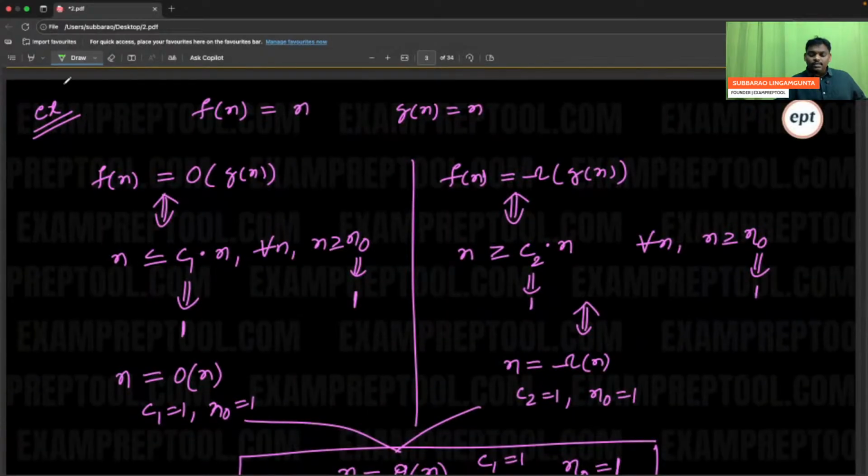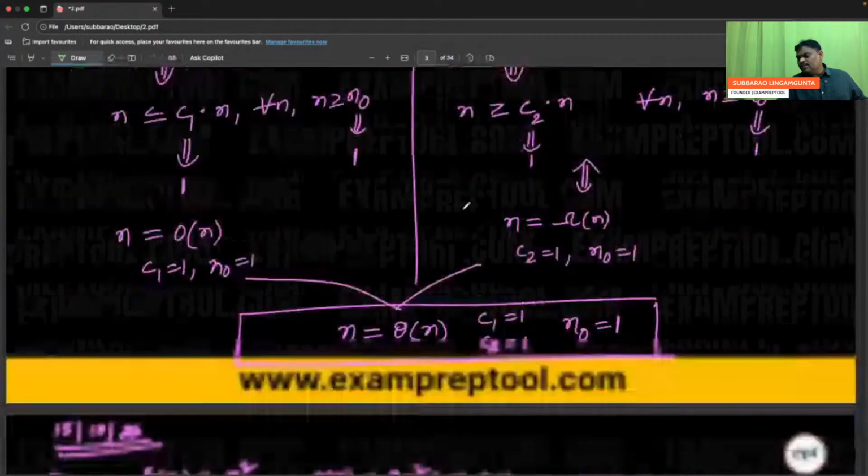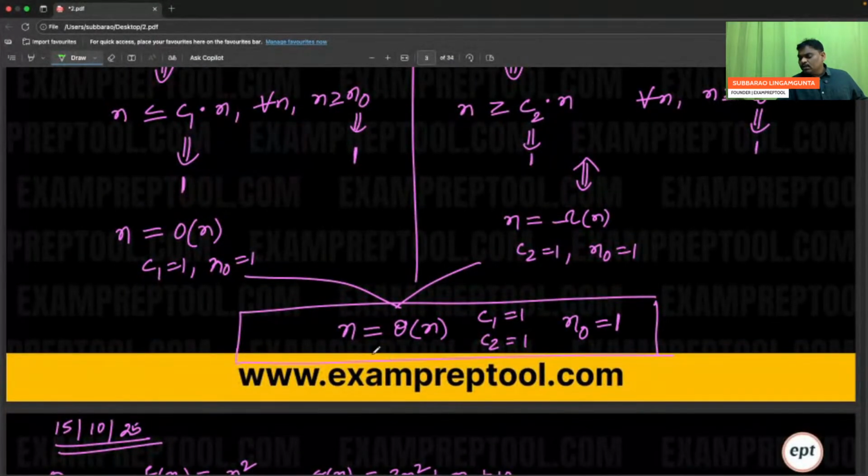Let's see the example too. Yesterday I did the second example also. Can you see the second example? f of n is n, g of n is also n. They are the same as they are, so these two are mathematically equal. Mathematically equal means asymptotically equal also, where C1 and C2 are both 1.